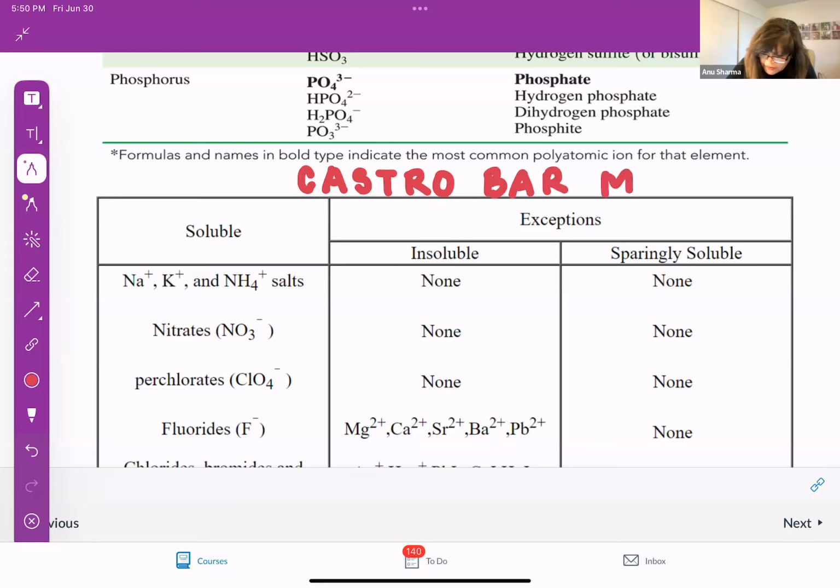Where is the mol present? It's present in the mol. So what is the meaning of this? Castro means calcium. Stro stands for strontium. Bar, Ba stands for barium. Mol, M stands for mercury, A stands for silver, and L stands for lead.